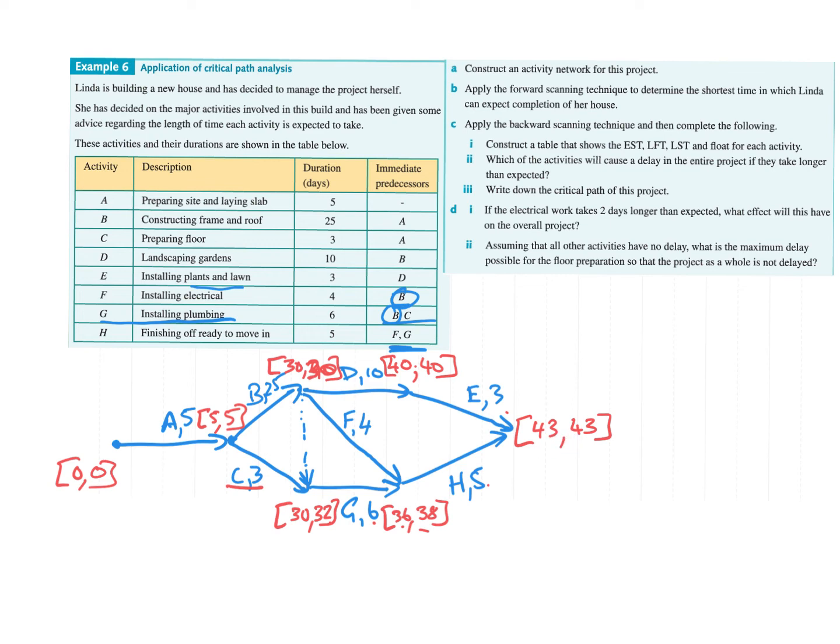So these are the ones where they're the same. So the critical path is A, B, D, E. That's the critical path, and the minimum time takes 43 weeks to build a house. Now construct a table that shows earliest starting time, latest finishing time, latest starting time, and float for each activity. Okay, I might just erase.